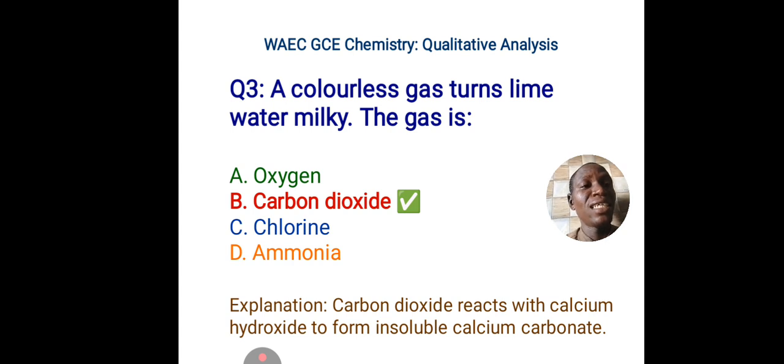They now said as time passes by, as the rat breathes, the lime water turns milky. What is the cause? Which gas is likely to cause this? So in any way it can come. So prepare yourself. You may see this question like this. So anytime we're talking about lime water milky, we are talking about carbon dioxide.